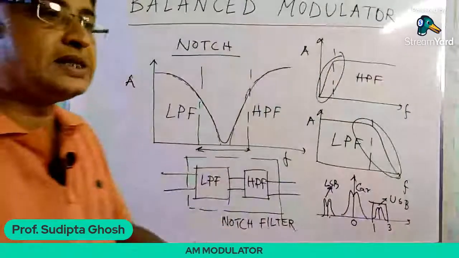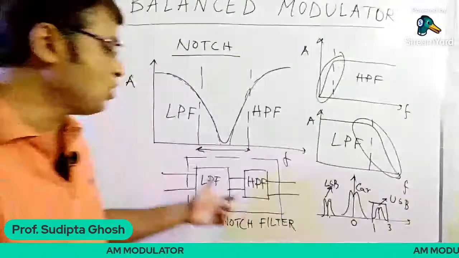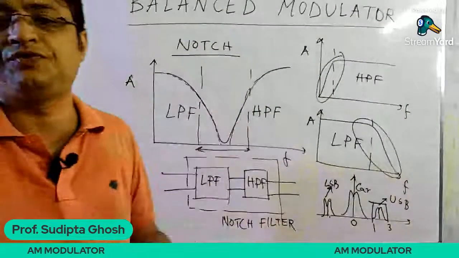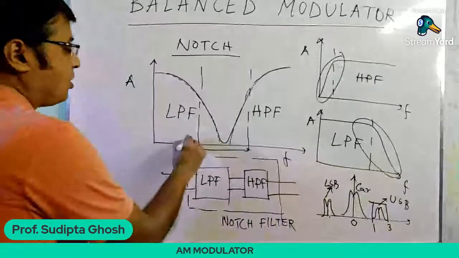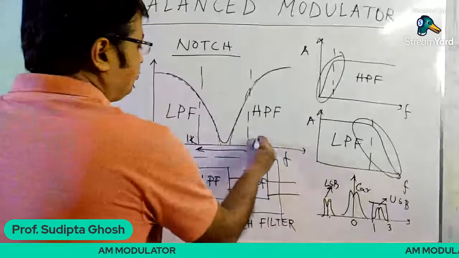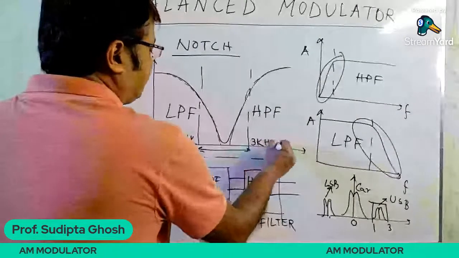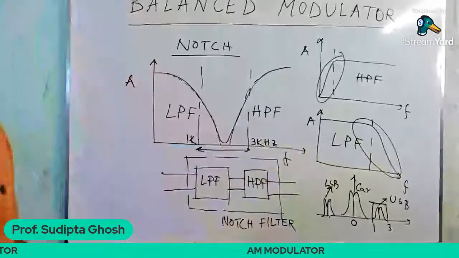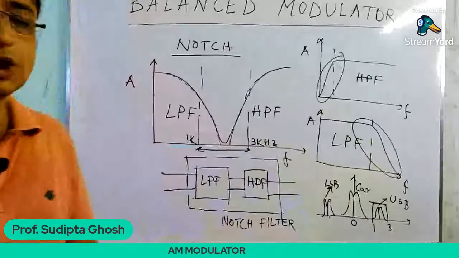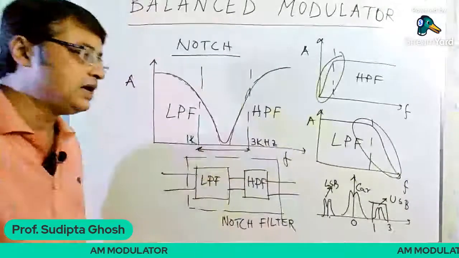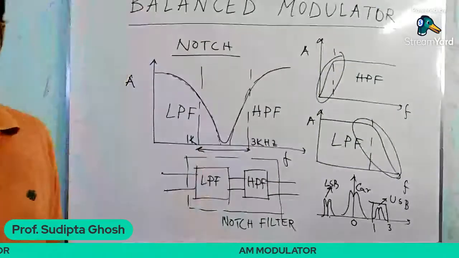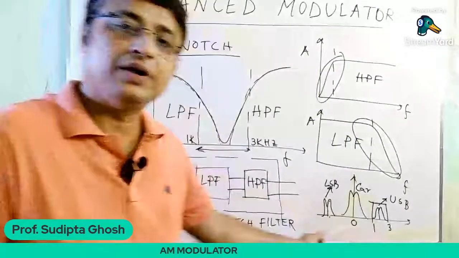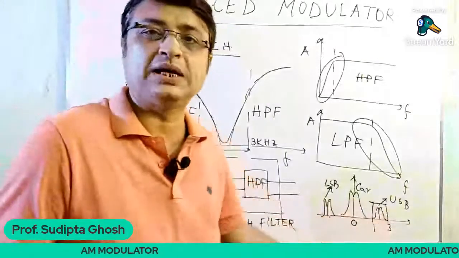So you design a notch filter of frequency 1K to 3 kilohertz. So from this notch filter, you want to reject this part of the total band of the signal.